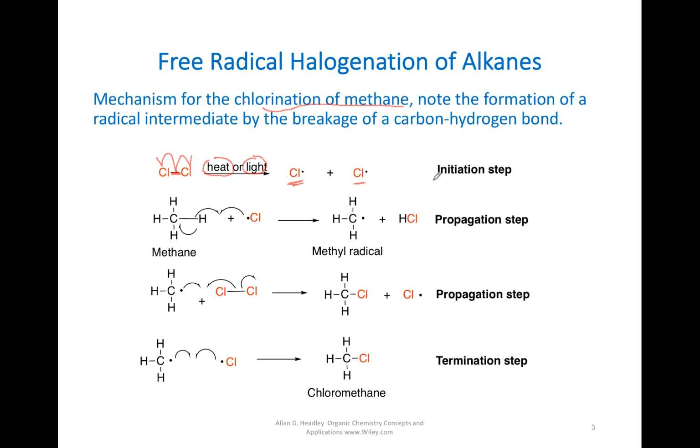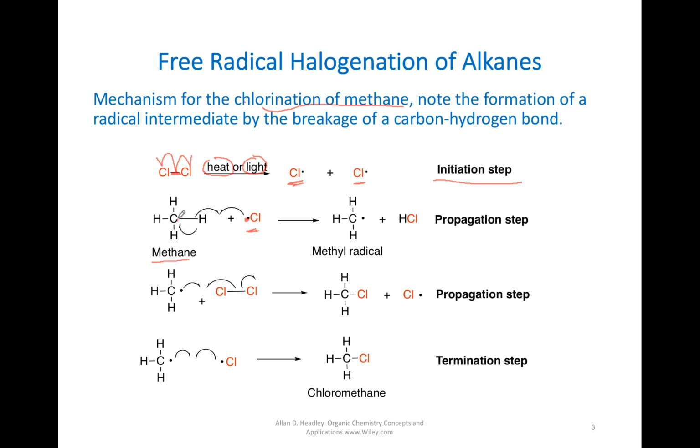This first step is called the initiation step. Why? Because we have initiated the radicals. Chlorine radicals here are very reactive. So as you can imagine, in the presence of methane, it's reactive because it has one electron. It needs one more electron to form a bond.